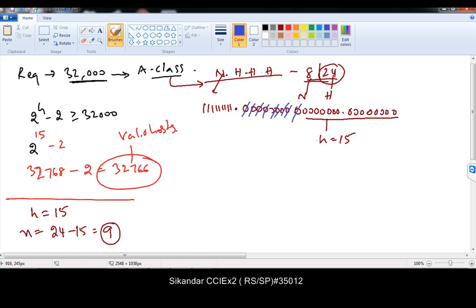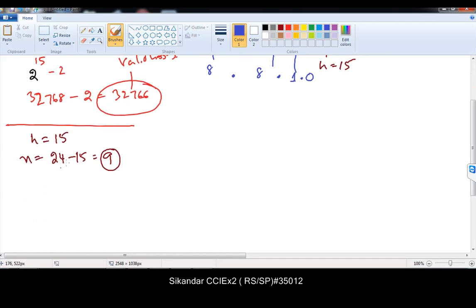So the 9 goes into the third portion, as you can see here. By default there are 8, plus an extra 9 added. 9 means you don't get exactly 9 in one portion, so you get 8 in one portion and 1 in the other portion. So total network bits equal the default 8 plus 9 converted, which becomes 17.